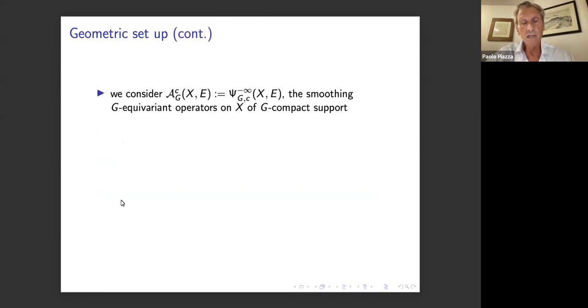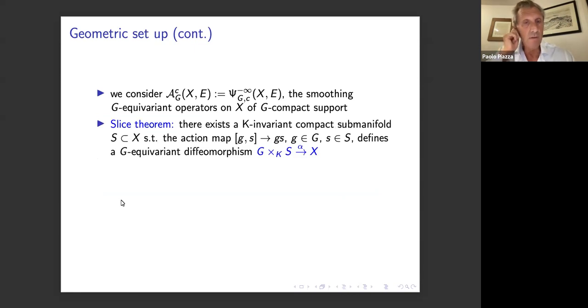Remember that an important role in the theory is played by the smoothing G-equivariant operators of G-compact support. And remember also that we have the slice theorem that allows us to see X as an equivariant product of G and a K-invariant submanifold S. So we shall write simply X as you see.